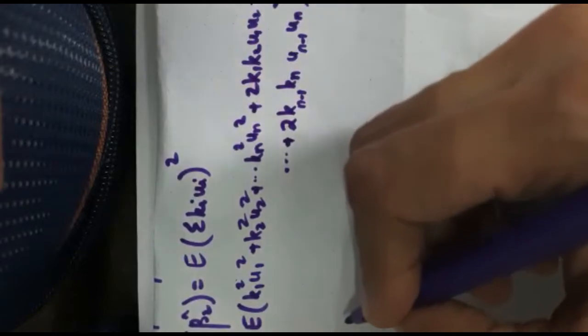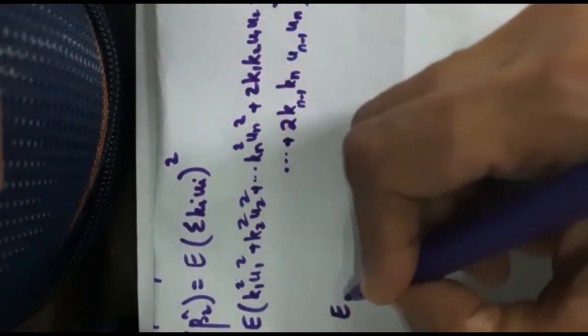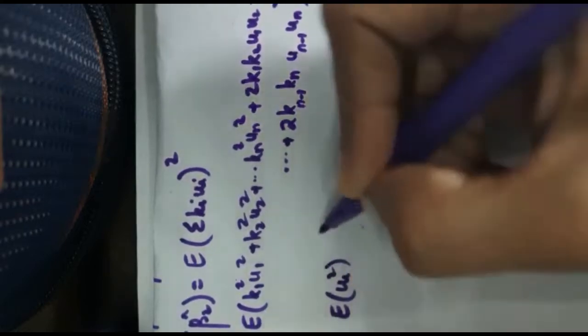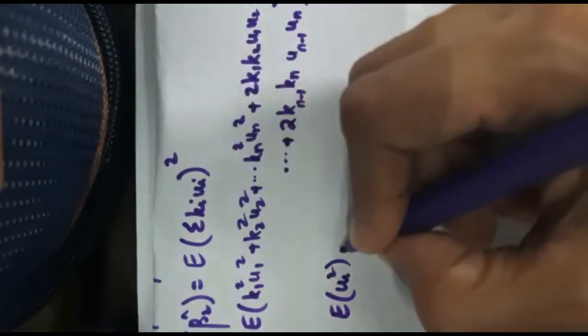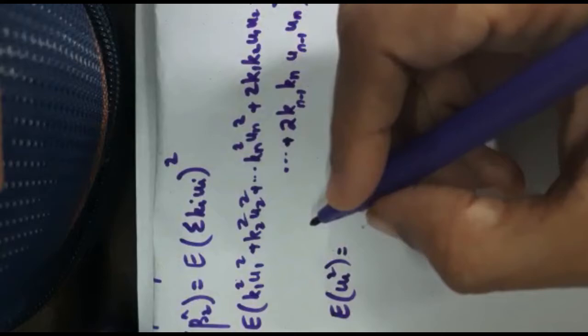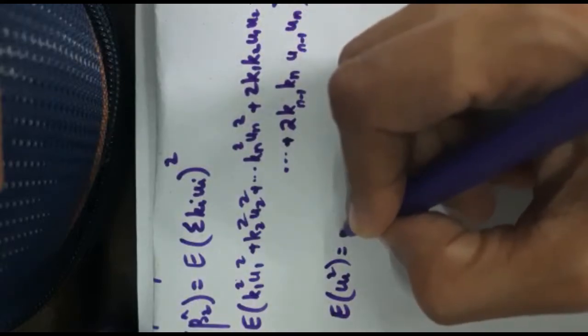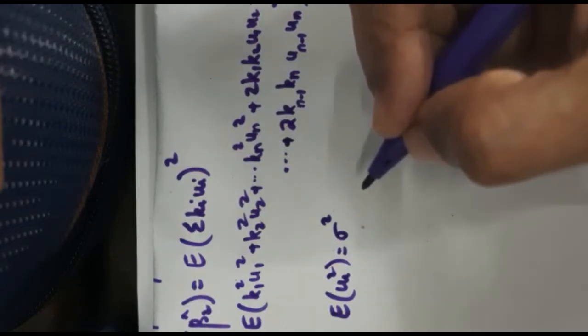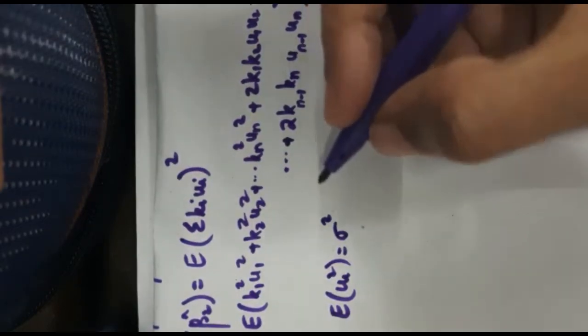Now, again, we will make use of the assumptions of the classical linear regression model. We are using two main assumptions. One is that of homoscedasticity, which said that the variance of the error term, expectation ui squared, is sigma squared, constant irrespective of the value of x that we are considering.